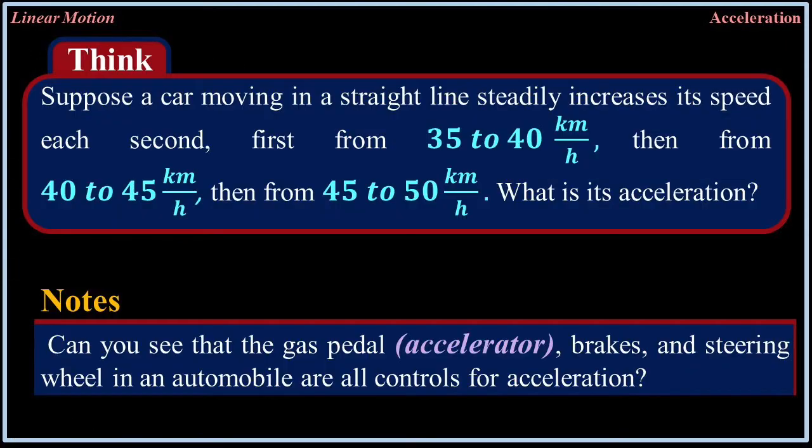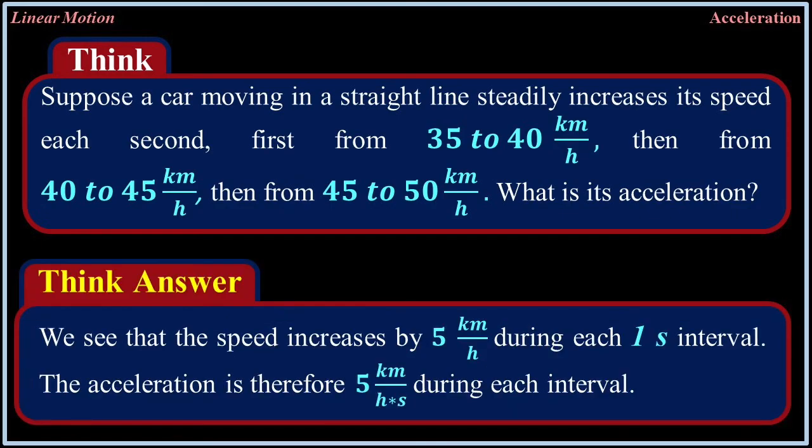Think. Suppose a car moving in a straight line steadily increases its speed each second, first from 35 to 40 kilometers per hour, then from 40 to 45 kilometers per hour, then from 45 to 50 kilometers per hour. What is its acceleration? Notes, can you see that the gas pedal, accelerator, brakes, and steering wheel in an automobile are all controls for acceleration?